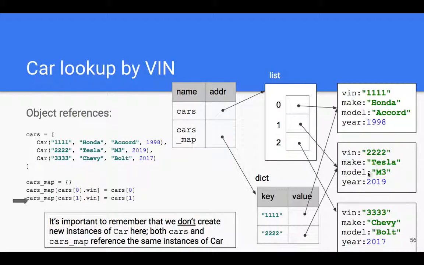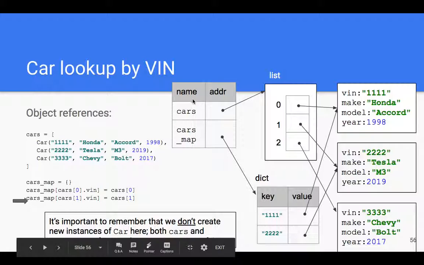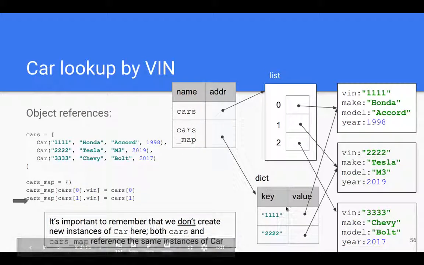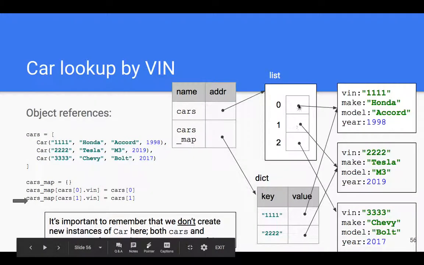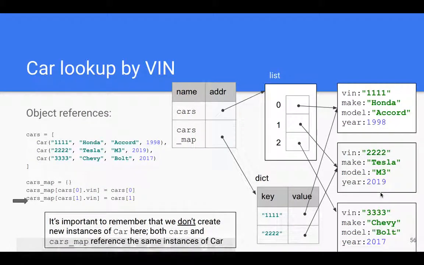Again, we did not create a new car instance, but now both the list cars and the dictionary cars map have entries pointing to the same instances of cars.